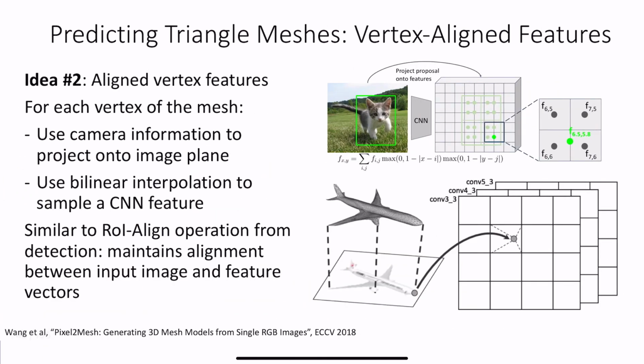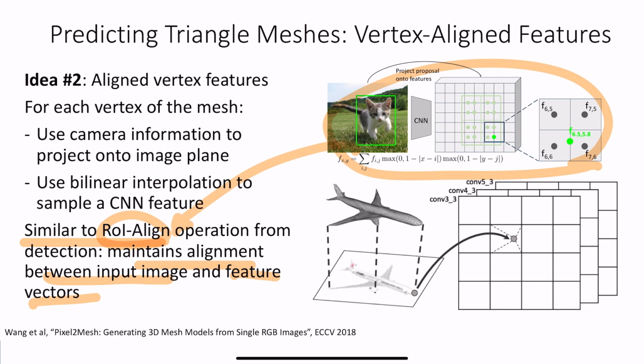In fact, it's very, very similar to the ROI alignment, because ROI alignment in, say, an object detection module maintains alignment between the input image and feature vector. So when we just review, ROI alignment looks like this, right?